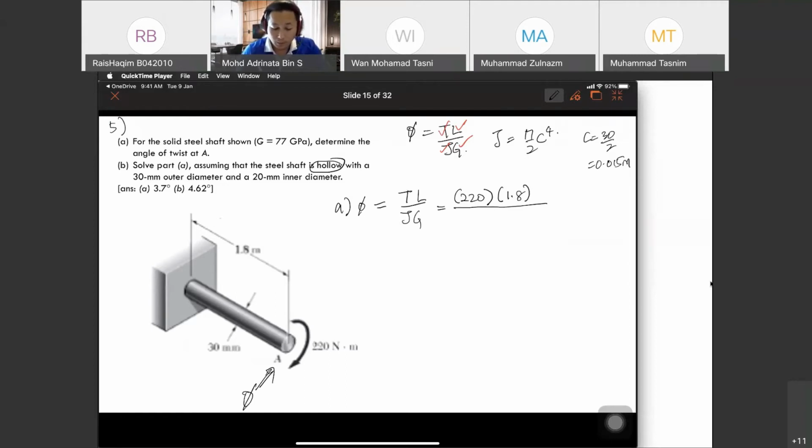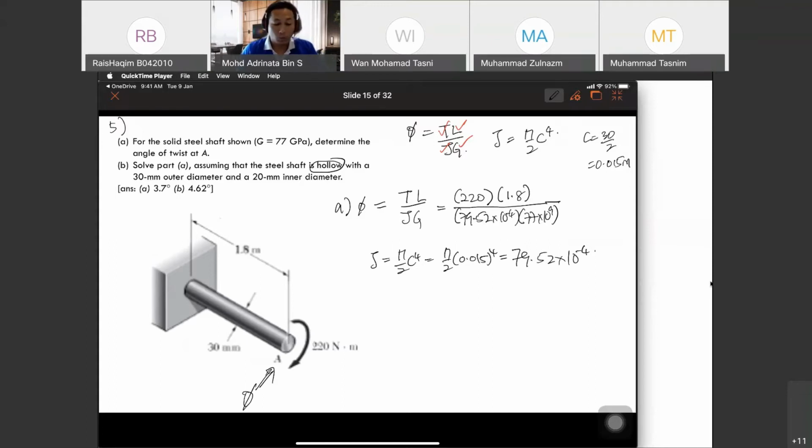Okay, so J is equals to pi over 2 C to the power of 4, pi over 2 times 0.015 to the power of 4 is equals to 79.52 times 10 to the power of negative 9. Okay, and then J 79.52 times 10 to the power of negative 9 times G 77 times 10 to the power of 9 gigapascal.